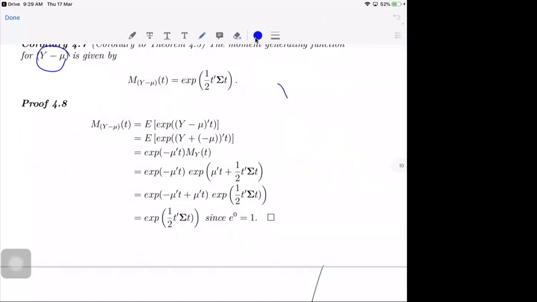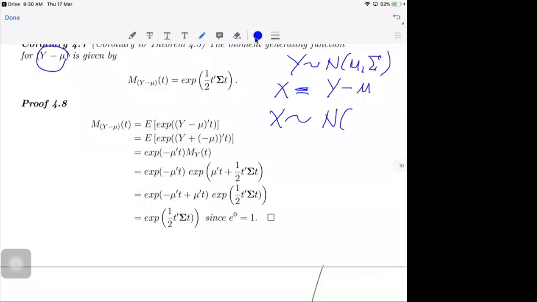Here our transformation will be from a y normal mu sigma, and we do a transformation on y, which is y minus mu. Then x will still be normal, but the mean will be 0 and the variance will be sigma. This is what this corollary is telling you.